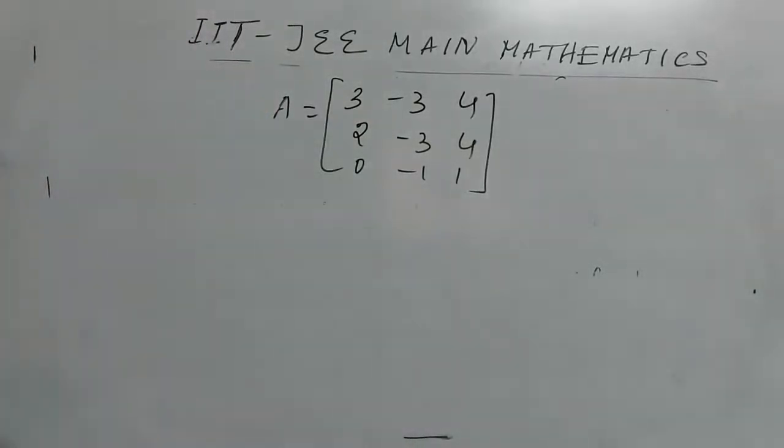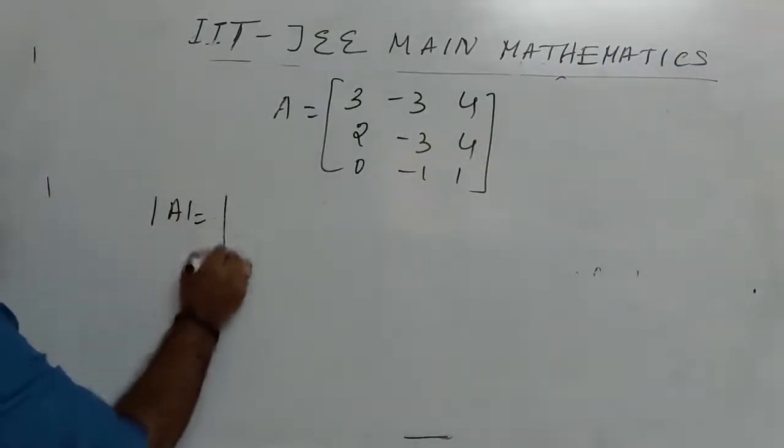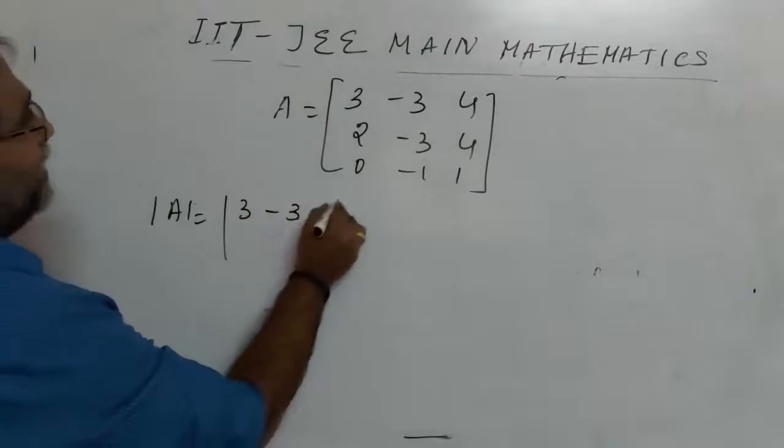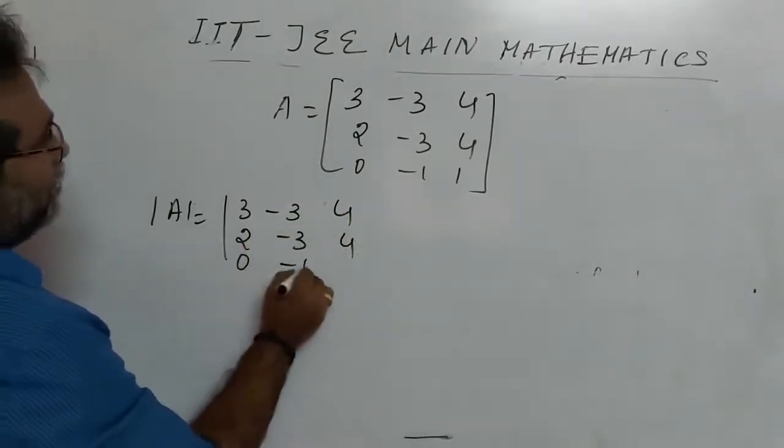First find the determinant value. The matrix is 3, minus 3, 4; 2, minus 3, 4; 0, minus 1, 1.